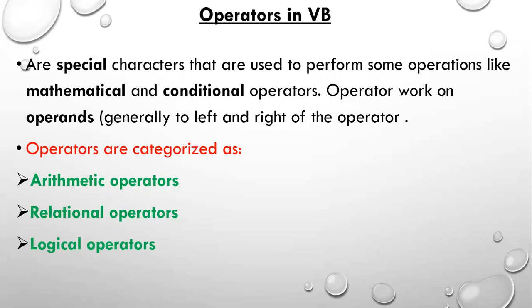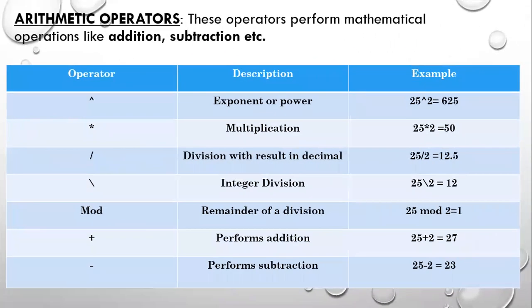Let us look at each one by one. If you're referring to your textbook, this will be available on your page number 115. The first one you see are arithmetic operators.